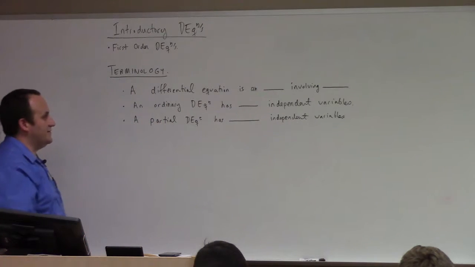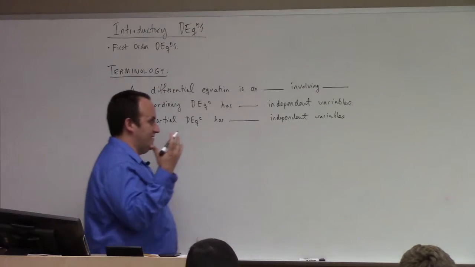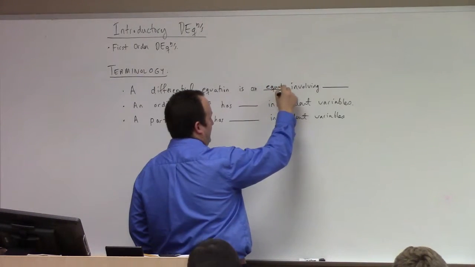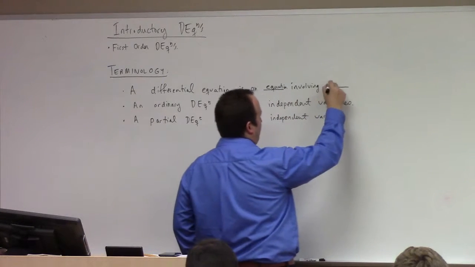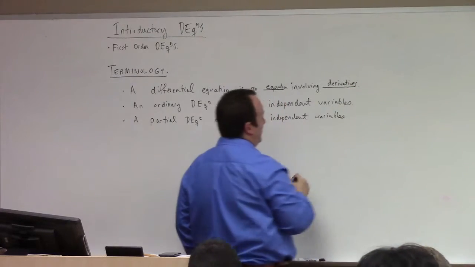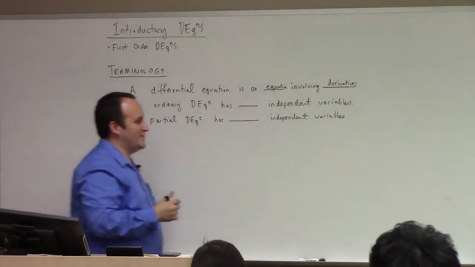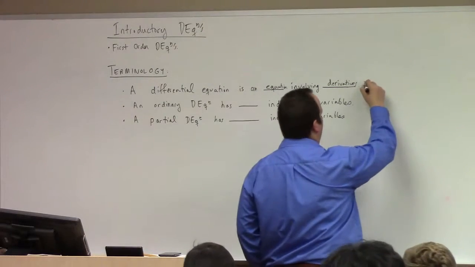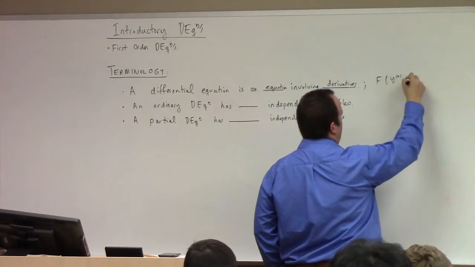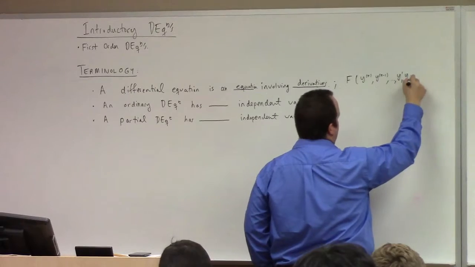All right, so a differential equation, this is really going to be shocking, is an equation involving derivatives. All right, very shocking, I know. To be a little bit more specific, it's something of the form f of y^(n-1), ..., y prime, y, possibly x, equal to 0.